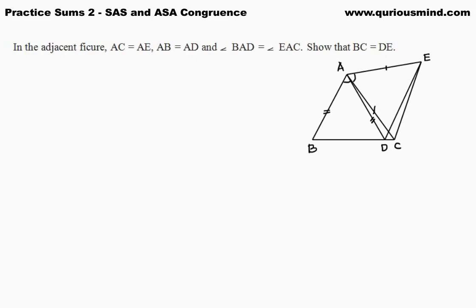So let's see, AB is equal to AD. So we got one side. Then AC is equal to AE. We got second side. So what we need is angle BAC should be equal to angle DAE. So what we need to show is this complete angle is equal to this complete angle here. Correct? So let's do that.